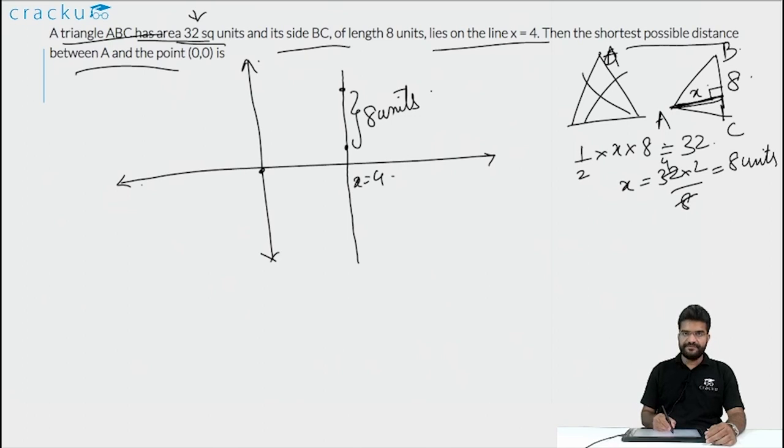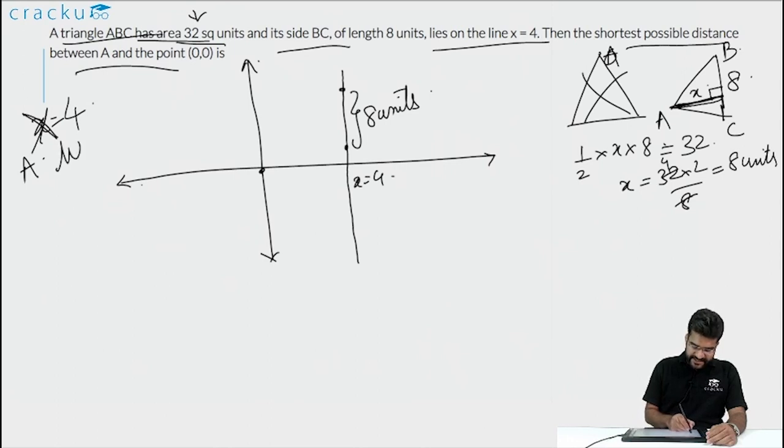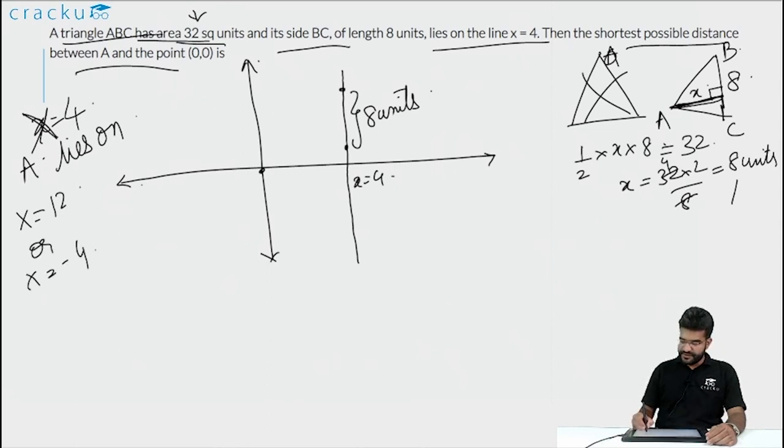Because BC is lying on the line x is equal to 4, it would imply that the vertex A lies on either x is equal to 12 or x is equal to minus 4, because you know that the altitude is 8 units. So if you draw the line x is equal to minus 4, it will be something over here, and the line x is equal to 12 will lie somewhere over here.